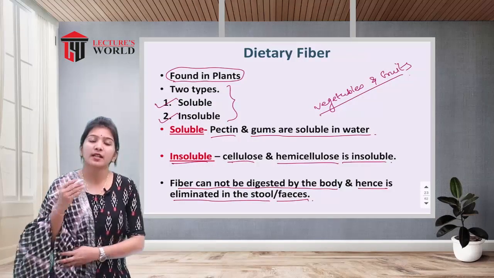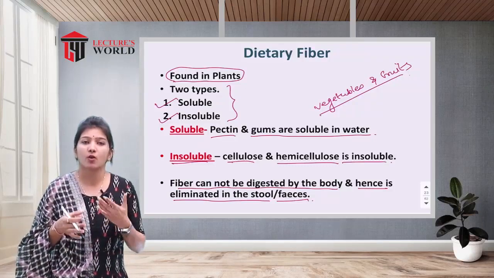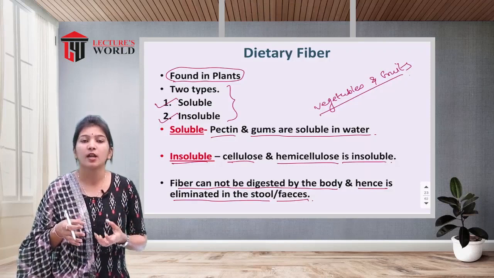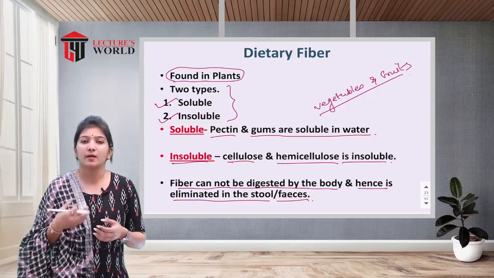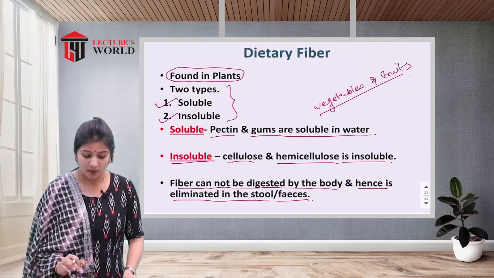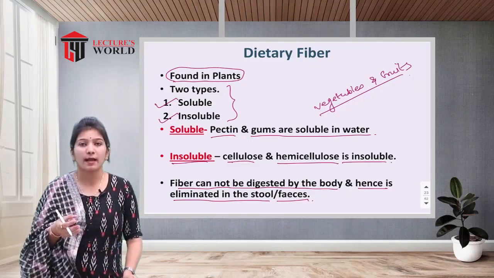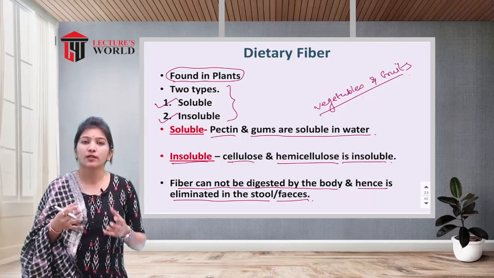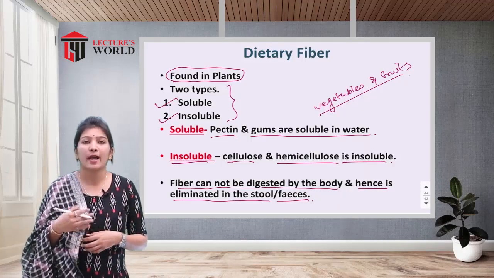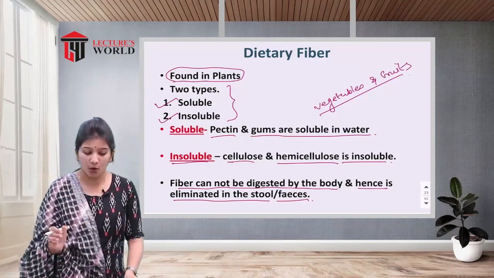Insoluble means it is not able to dissolve in our body, so it is eliminated via stool. These dietary fibers provide bulk to the stool, so because of the fiber the waste product is easily eliminated from our body.